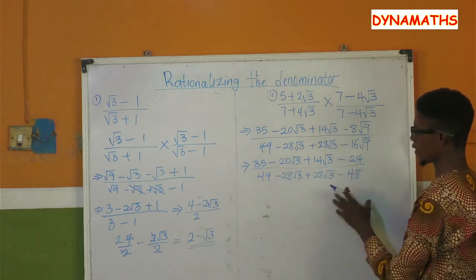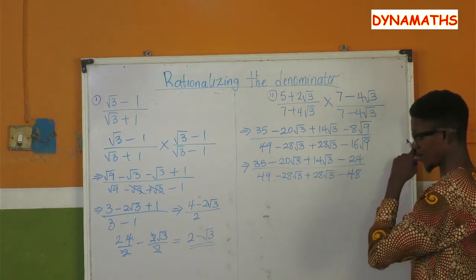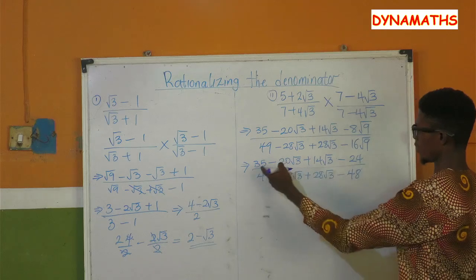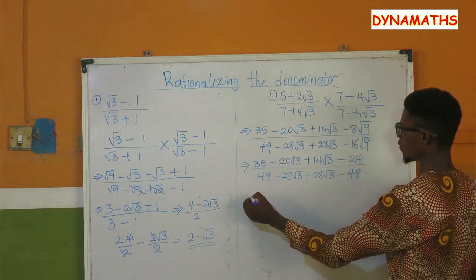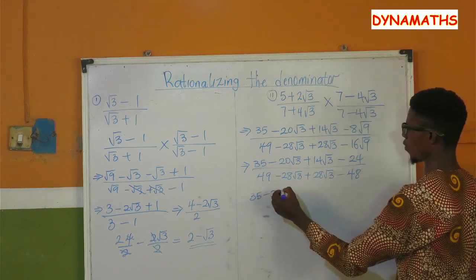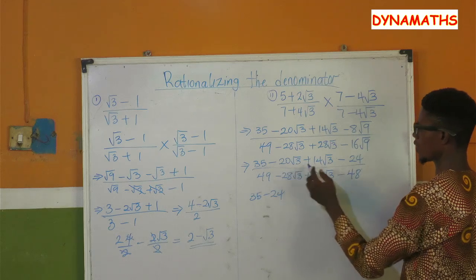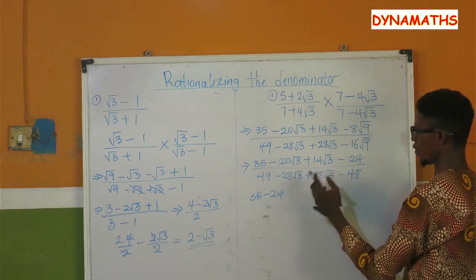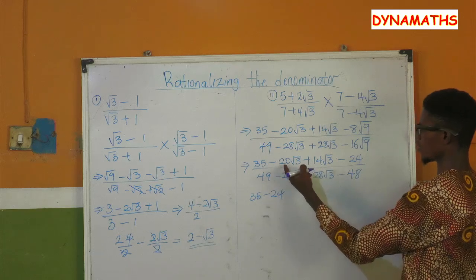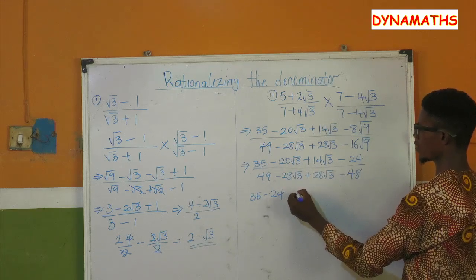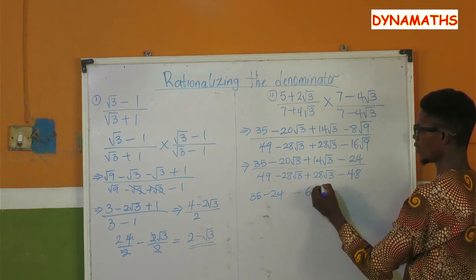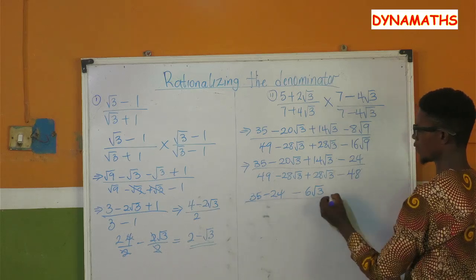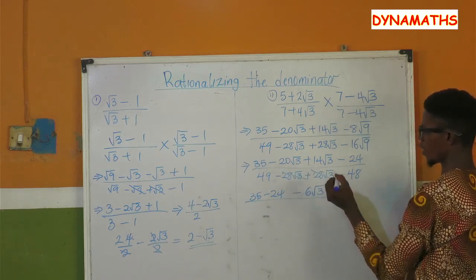Now let's collect our like terms and remove every other expression that needs to be removed. So 35 minus 24. The minus 20 plus 14 gives us minus 6 root 3. Because minus 20 is greater than plus 14, you are going to have a negative 6 root 3 over. Definitely these two expressions will cancel out themselves.